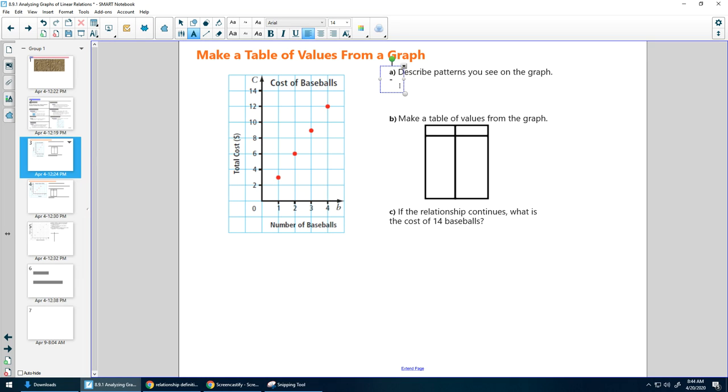Okay, so one could be: 1 baseball costs $3, 2 cost $6, 3 cost $9, and so on.